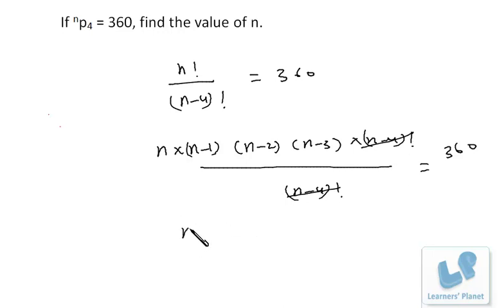Now n into n minus 1 into n minus 2 into n minus 3 is 360. So these are four consecutive positive integers, and their product is 360. So instead of solving this biquadratic equation, you just go for hit and trial and get the value of n. Now how do we do that?